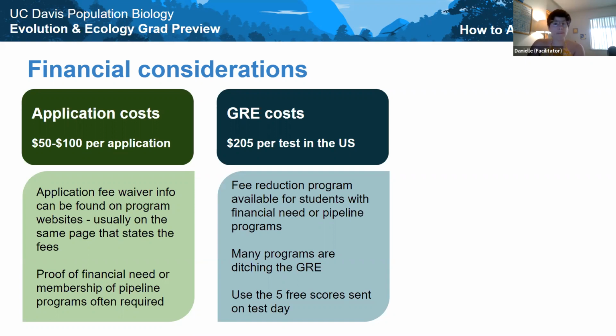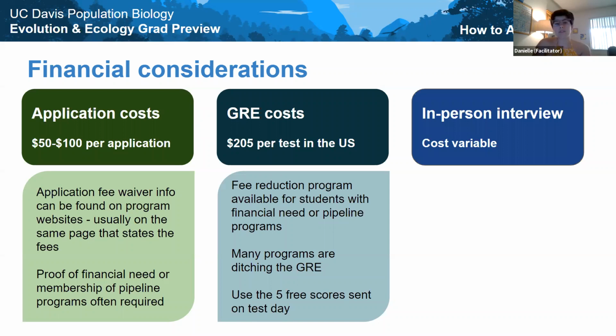The good news is that many programs are increasingly ditching the GRE requirement, and depending on what schools you are applying to, you may not need to take the GRE at all. However, if you do end up planning to apply to schools that require the GRE, be sure to send your scores on test day, since it's $27 per score after you leave the testing site. And you do receive 5 free scores on test day. So be sure to use those.